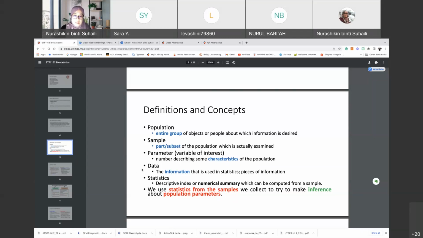Data is whatever information is used in statistics, pieces of information we normally call data. The data can be quantitative, it can be qualitative. Quantitative refers to numbers, numerical values, but you can also have non-numerical data, for example the traits, the qualities. For example, you can say male, female, right?